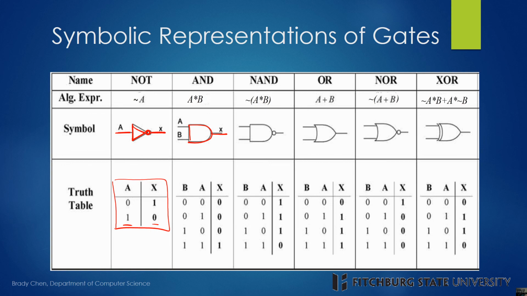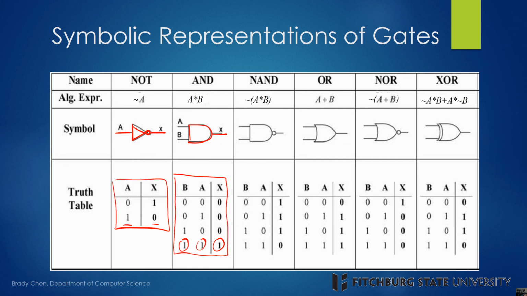So now with the combination of the values of A and B, we can build the truth table for the AND gate. For example, if we apply electricity on both line A and line B, then the output X will be 1. That means the output also has electricity.